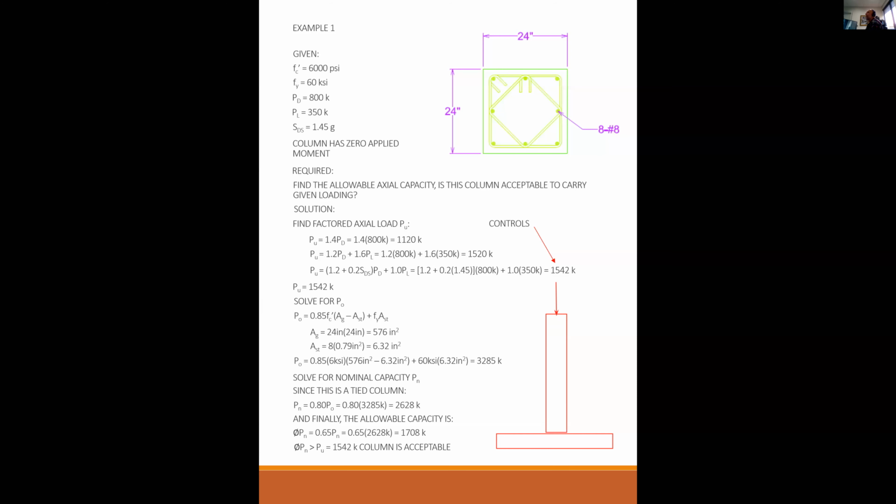Let me finish the first question first. So this is what we're talking about. Just so everybody else is clear, this would be a column. This is a section view. This is a side view.